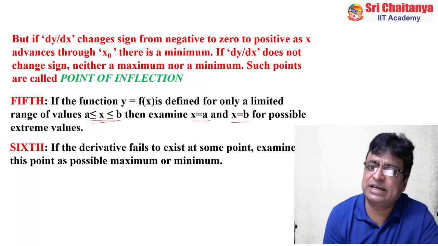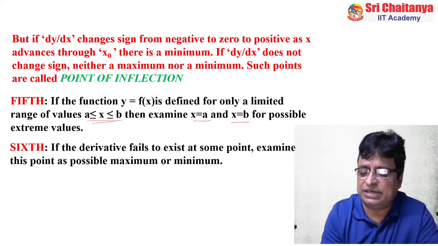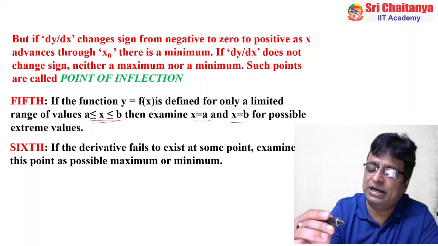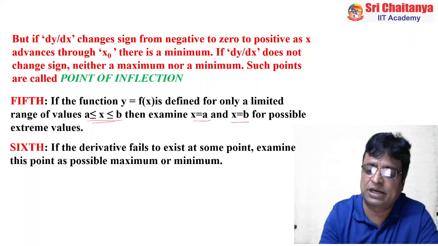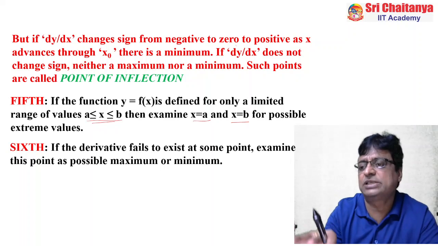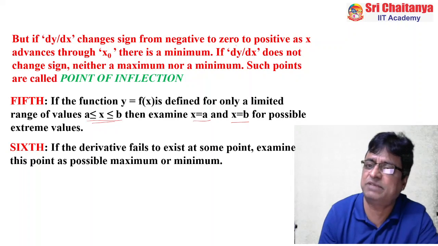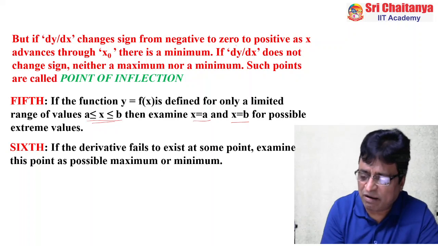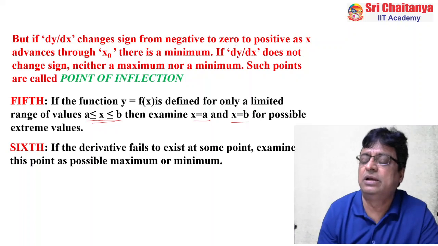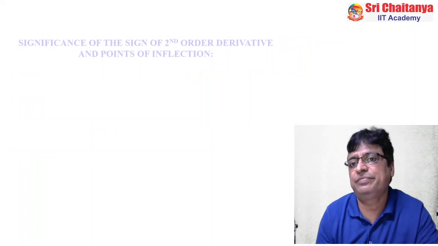See my friends, suppose your function is continuous and at the end points the function is strictly increasing or strictly decreasing in a closed interval a b, then at x is equal to a and x is equal to b, at the extreme points themselves, the function has a maximum and a minimum respectively. See, these are all the techniques to identify the maxima and minima values based on the behavior of the function.